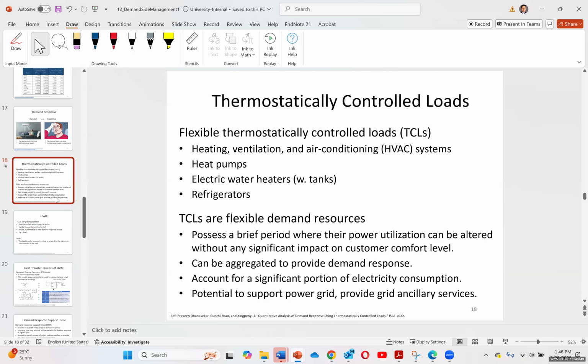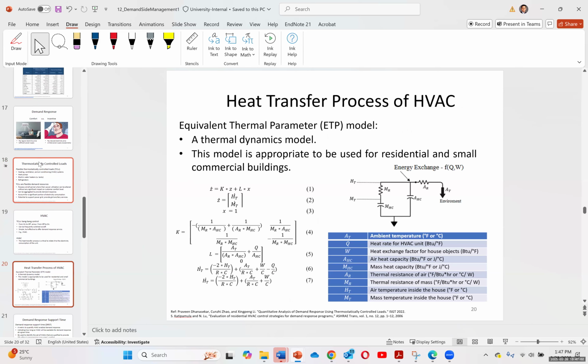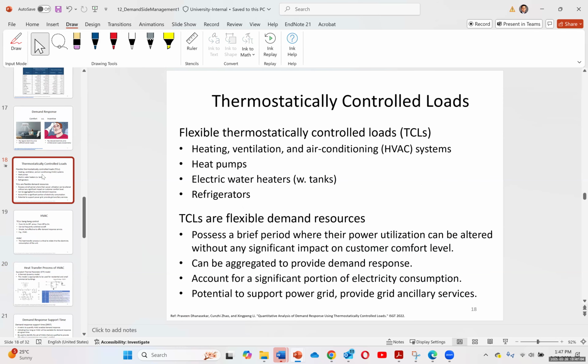So TCLs are flexible demand resources. They possess a brief period where their power utilization can be altered without any significant impact on customer comfort level. They can be aggregated to provide demand response. They account for a significant portion of electricity consumption, as mentioned, around 70 to 80%.